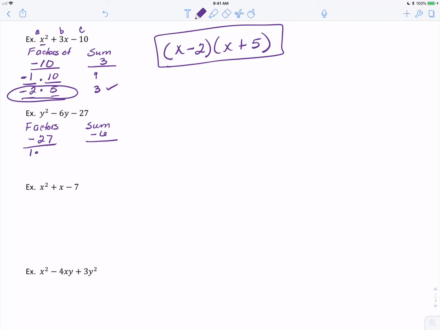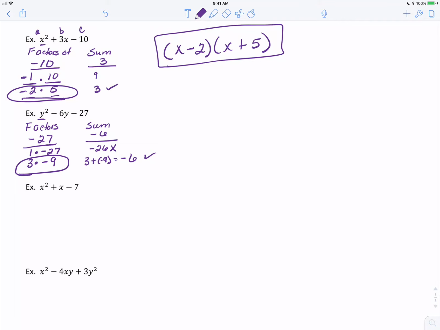So that gives me 1 times negative 27. Well, that sum is negative 26, so that's not it. 2 doesn't go in there, but what about 3 times negative 9? Well, 3 plus a negative 9 is equal to a negative 6. So those are the factors that we are looking for.